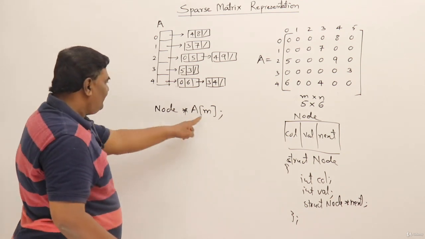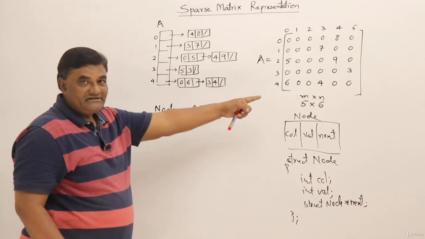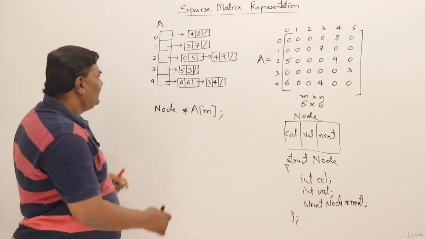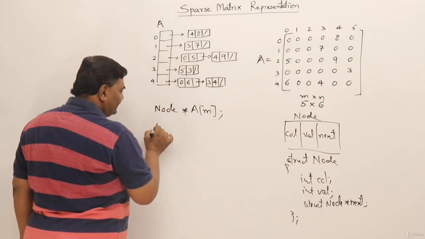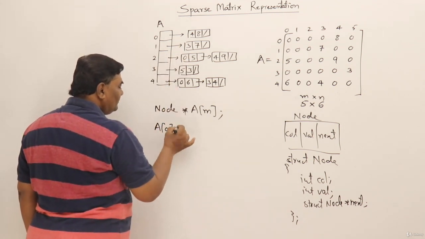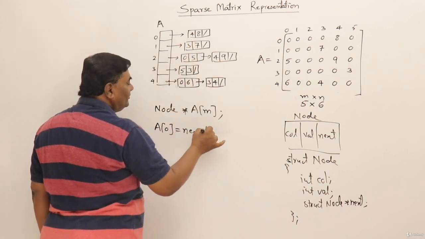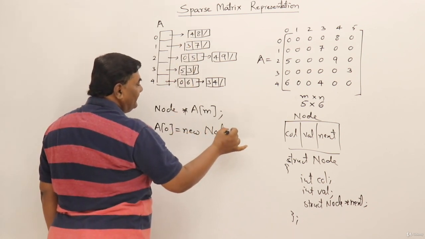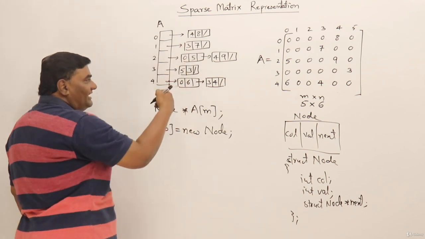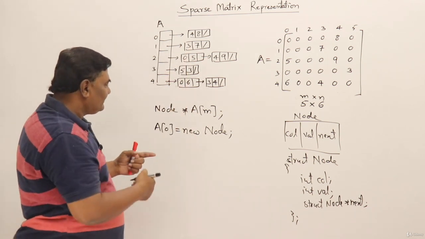So this is an array of pointers of size m, whatever the size is. Then at each location, let us say A of 0, assign this new node. I am just assigning one node. Like this, I have to create all these linked lists.